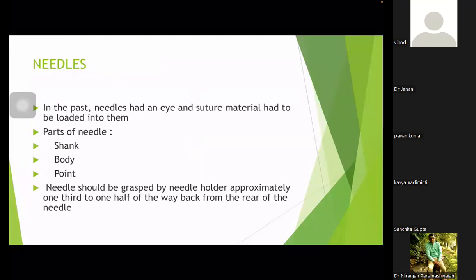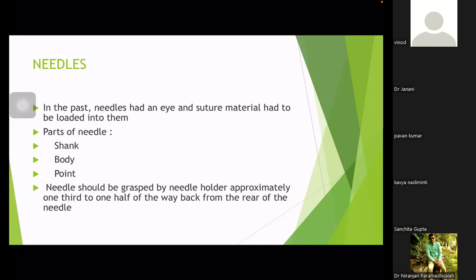Any questions? Any PGs have any questions regarding the suture materials, where they are used and how they are used? Indraja, yes, sir. Why has he said for every suture that tensile strength decreases by this much? What is the importance of that? Sir, tensile strength means the force necessary to break the suture material.